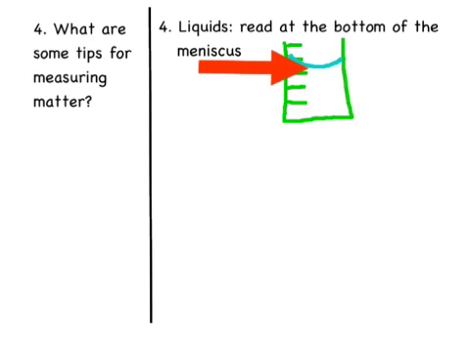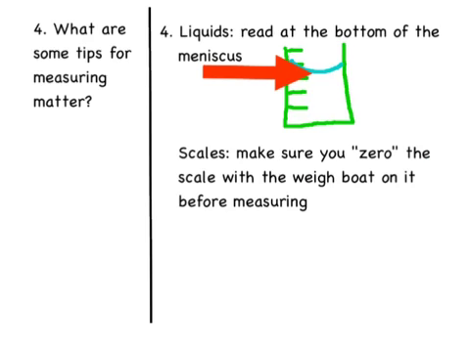So what you'll always have is what we call a weigh boat, a little plastic dish that you put on the scale first, and then you'll put whatever substance you need to measure in that plastic dish. In order to measure just your substance, you will zero the scale with the weigh boat on it first. So again, for scales, make sure you zero the scale with the weigh boat on it before you pour your substance or put your object on it to measure it.